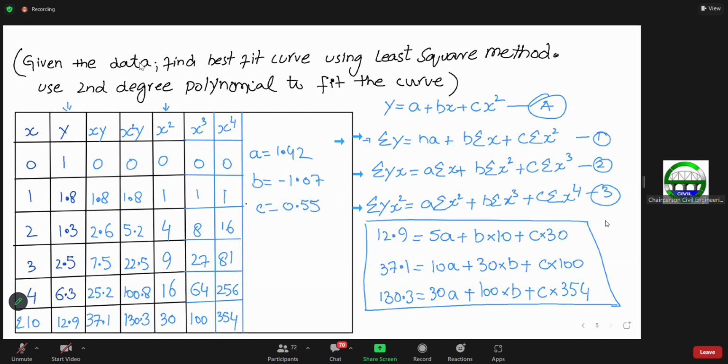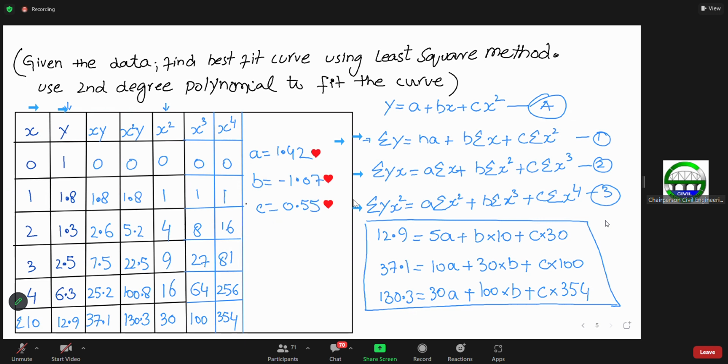So these are your three answers. Now how will you make the equation? This equation will represent the best fit line for this data set.